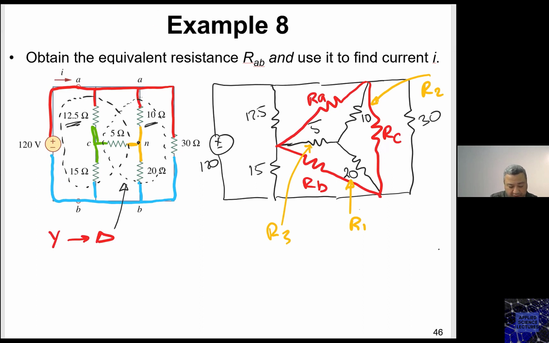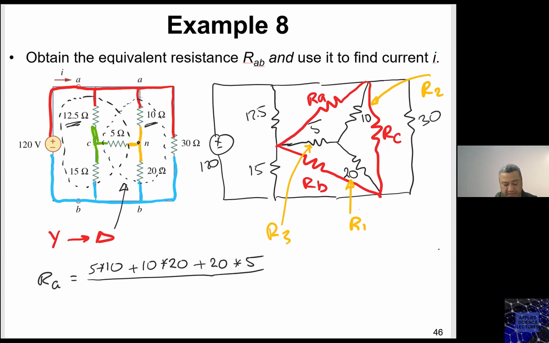So if I want to find RA, and if you recall, when we go from Y to delta, the numerator is the same for all of them. So it will be 5 times 10 plus 10 times 20 plus 20 times 5, dividing it by 20.